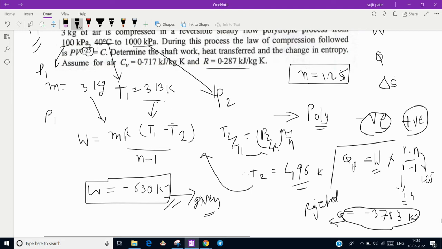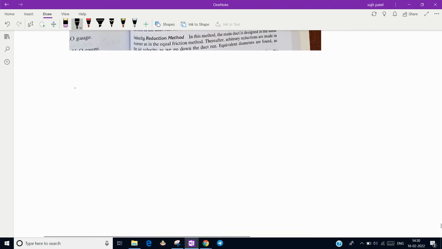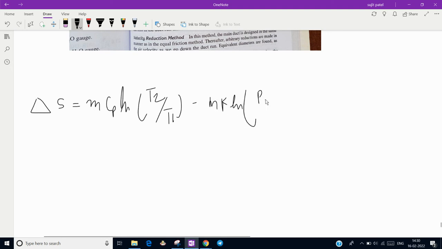Now we have to find the entropy, so I am writing here due to space constraint. Delta S is equal to m cp ln(T2 by T1) minus m R ln(p2 by p1).